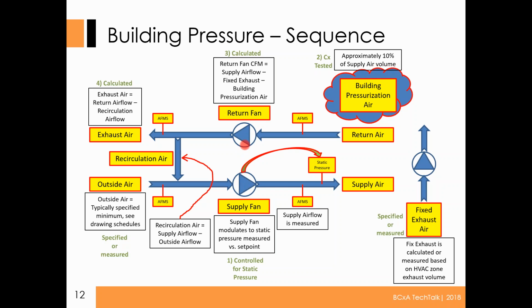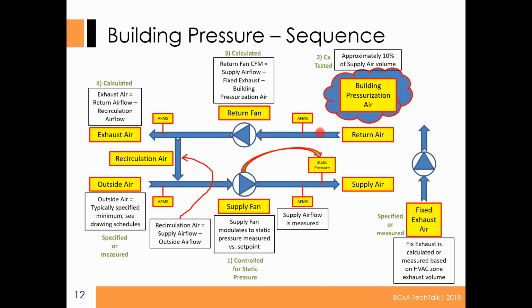Well, as you drive this system down to its minimum range and set all the VAV boxes to minimum, the supply fan, let's just say, goes from 90% down to 50%. Well, you may find at 50%, this needs to be only 5% less on the return fan. And you've got to take some airflow measurements.